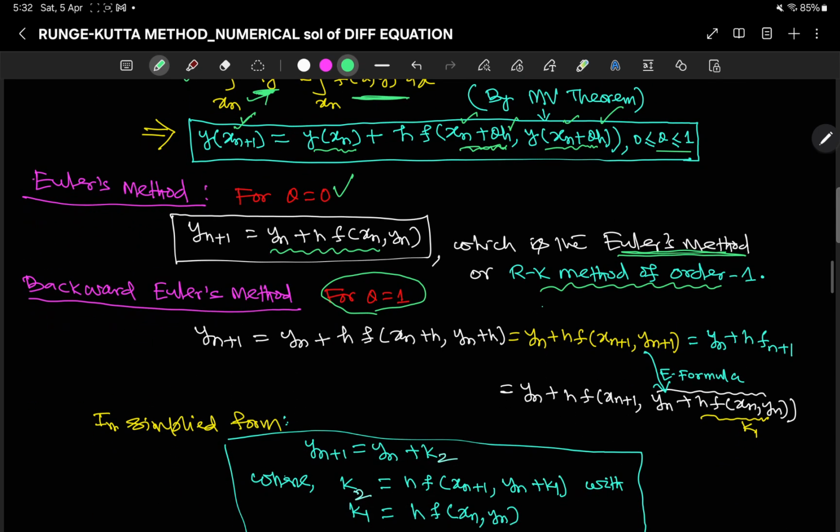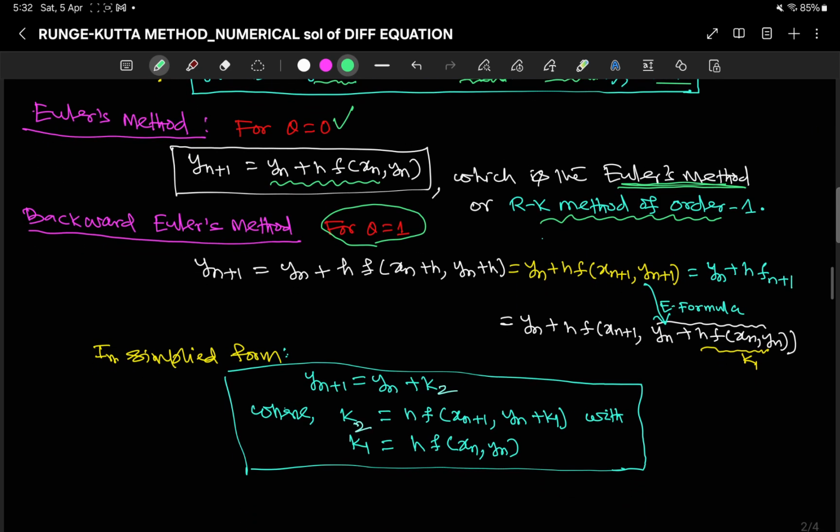Then it becomes the backward Euler's method, given by the formula yn plus 1 is yn plus k2, where k2 is h f(xn plus 1, yn plus k1), with some extra term k1.